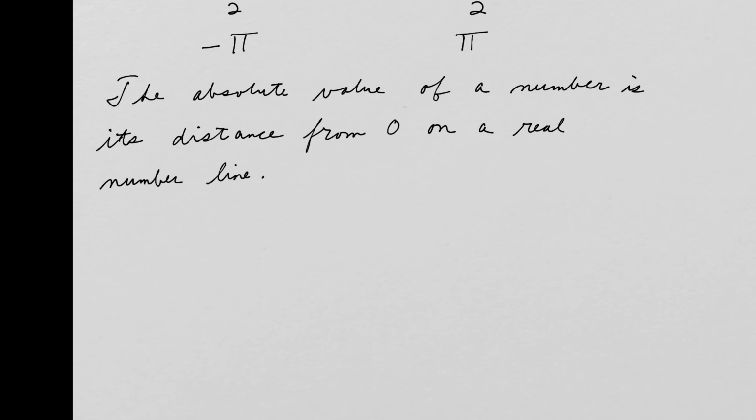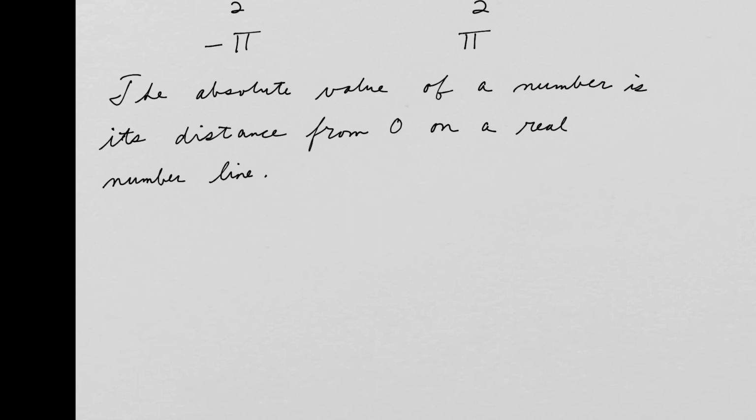Okay, so for example, if I wanted to find the absolute value of -4. The way that we denote absolute value is we use these two vertical bars, two vertical lines. So that means absolute value of -4.